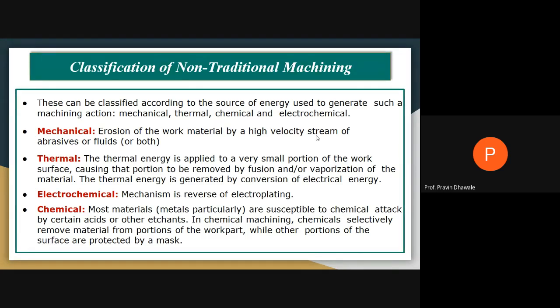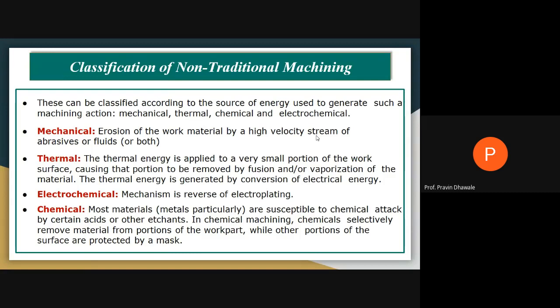Means, in thermal energy based processes, the material is removed due to the action of heat, which causes melting and vaporization of the material from a particular portion of the workpiece.